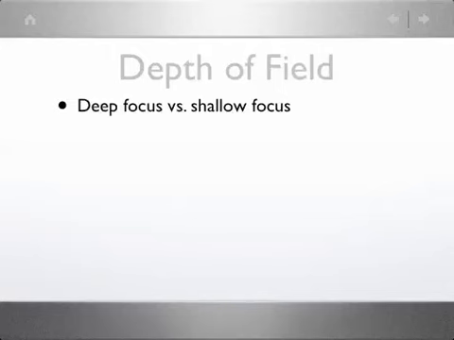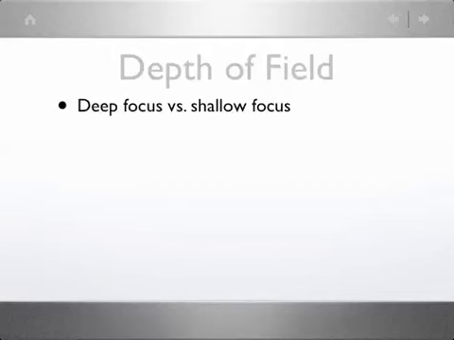Now, the field that is being discussed in depth of field is just everything that is in front of the camera. When a camera is set up and has a particular amount of area that is visible in its viewfinder, that is called the field of the camera.